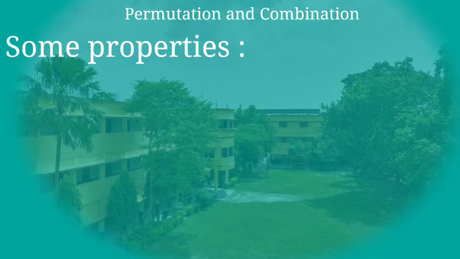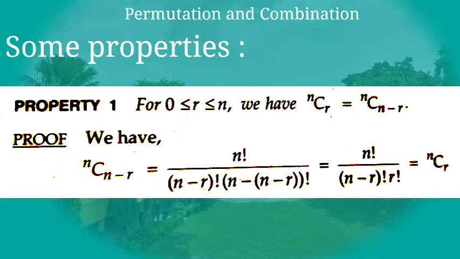The first property: if r is taken from 0 to n, then nCr is equal to nC(n minus r). The proof is very simple. If you apply the definition of nCr on both sides, the right hand side equals the left hand side.